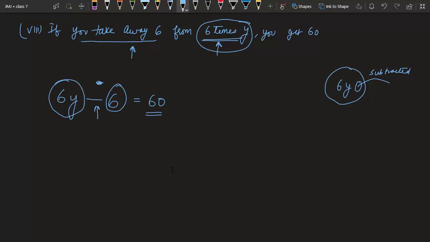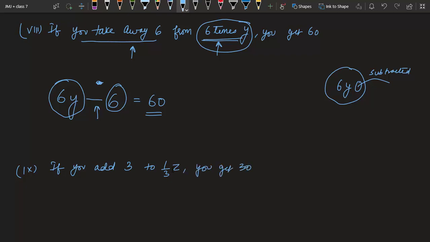That's it. Now the 9th part, that is the last part, is if you add 3 to 1/3 of z, you get 30.